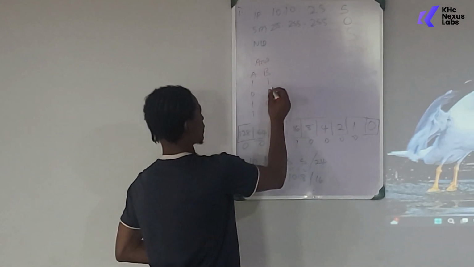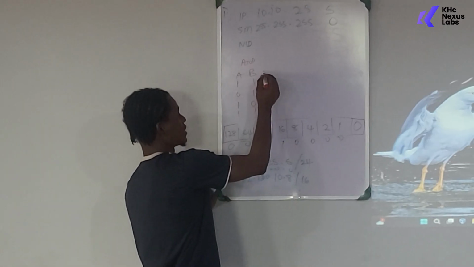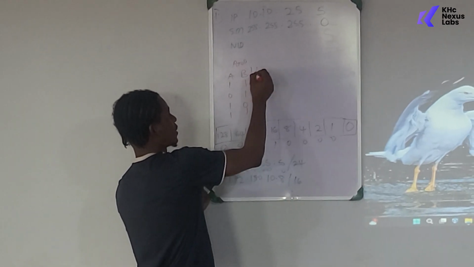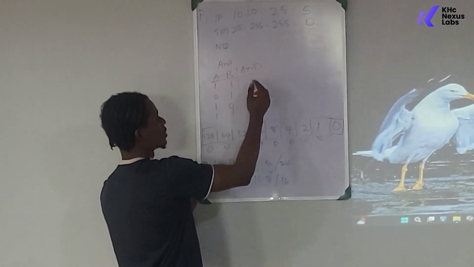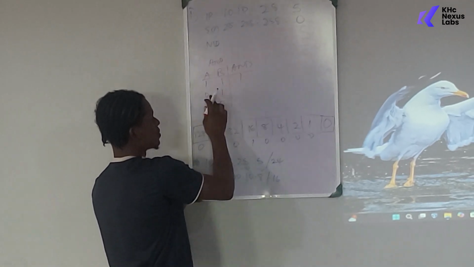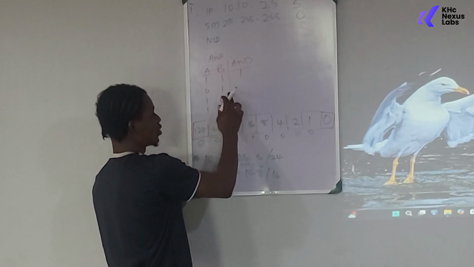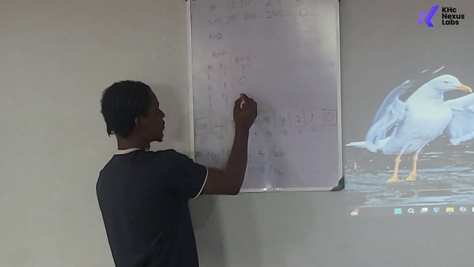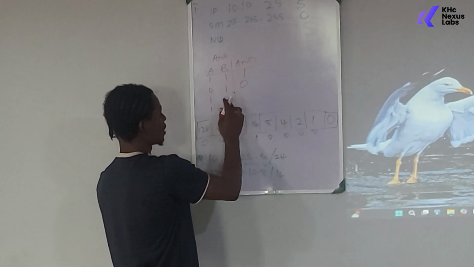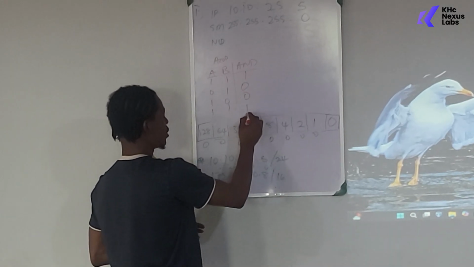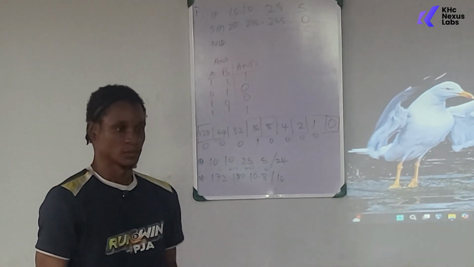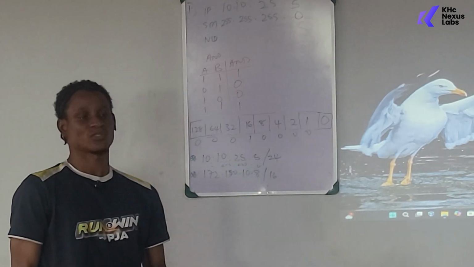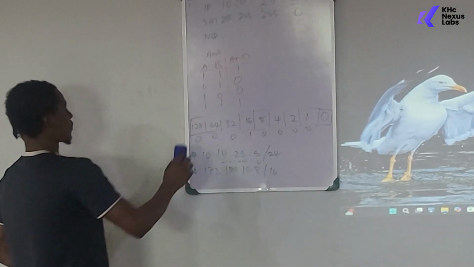So what will be the answer for this? 1 AND 1 would return 1. 0 AND 1 will return 0. 1 AND 0 returns 0. 1 AND 1, they both have to be true. That's when you're solving for AND gate, right?